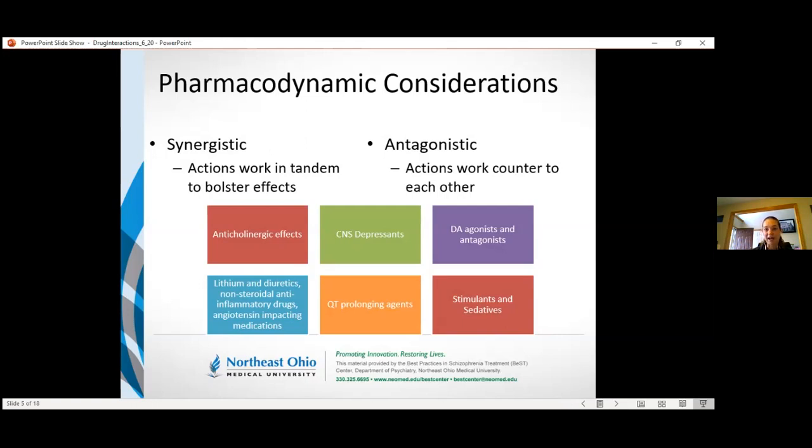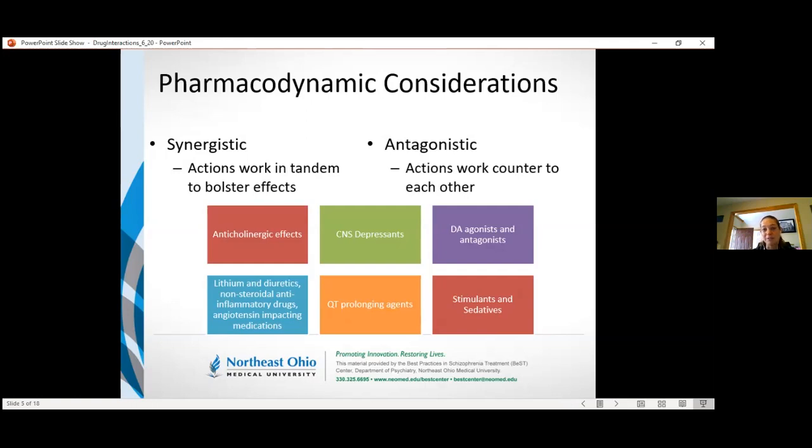In cases where we have multiple agents that have anticholinergic effects, multiple agents that maybe have serotonergic effects, we can see increased toxicity as we continue to add to that particular burden, which may put some patients at risk. On the other side, we can see some antagonistic effects where the medications are working completely against each other.